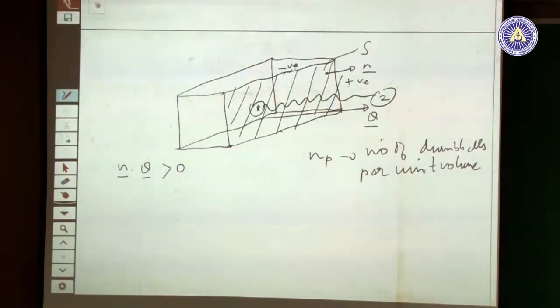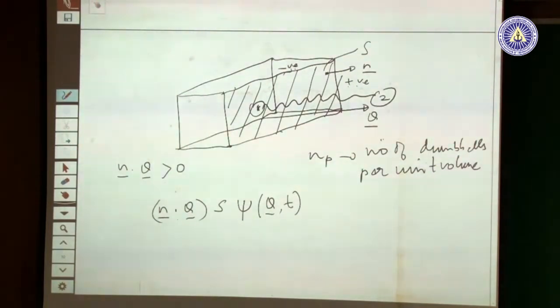The volume of the box is n dot q times S, because n dot q is the projection of q in the direction n, and S is the surface area, which gives a volume.